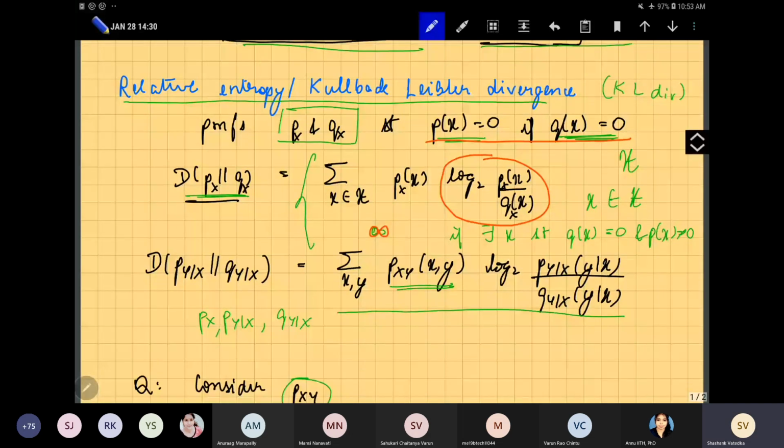If it gets too complicated, just assume that the only restriction I'm imposing is that P and Q have the same support. If P of X and Q of X are greater than 0 for all X, then the KL divergence is just defined to be equal to this.